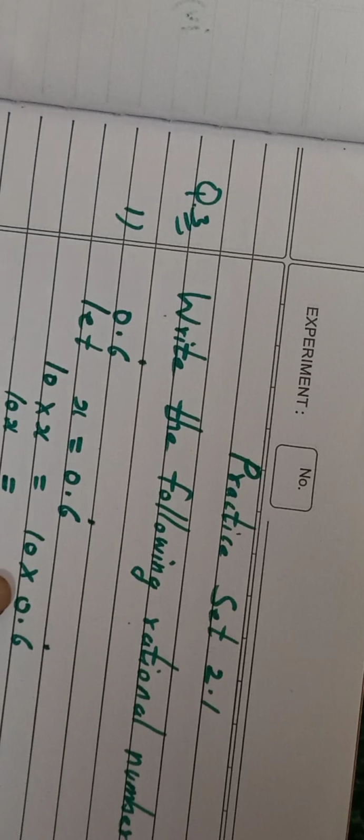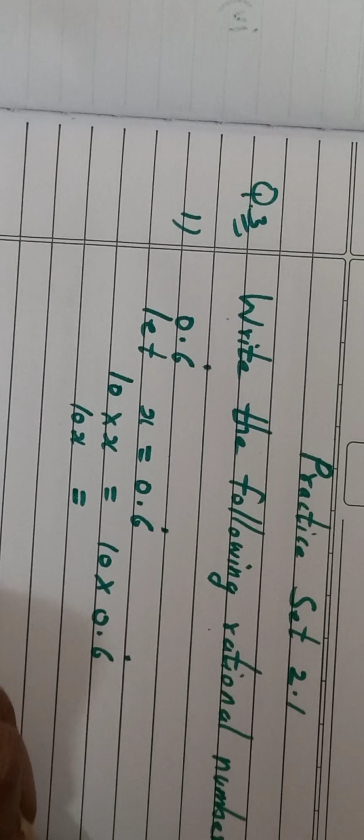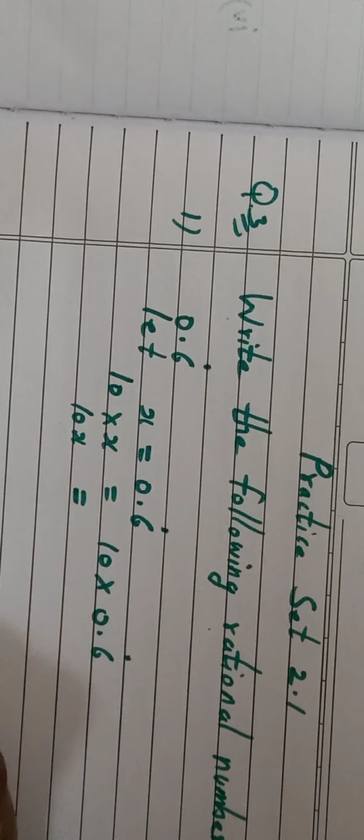The decimal point, see I'll show it to you like this, then you will understand. 10 into 0.666 and so on. The decimal point will shift to the right by 1 digit, correct?